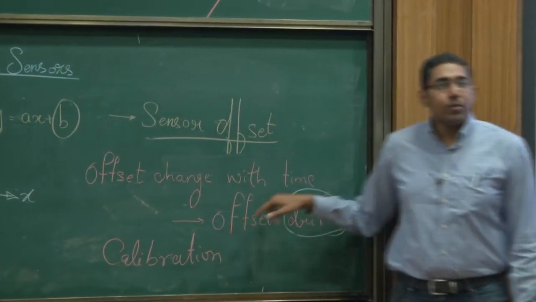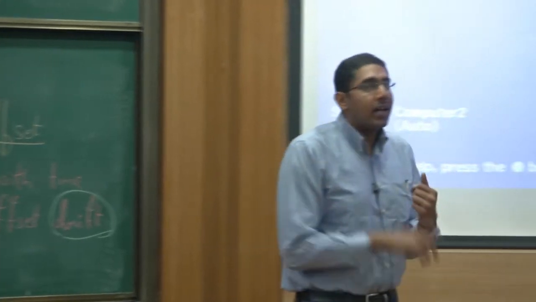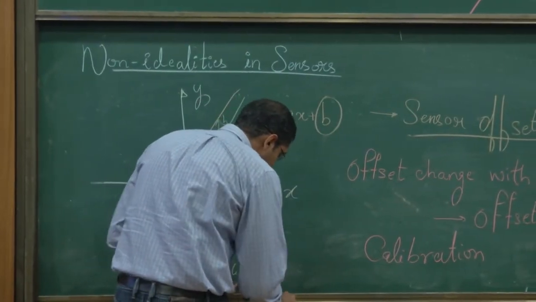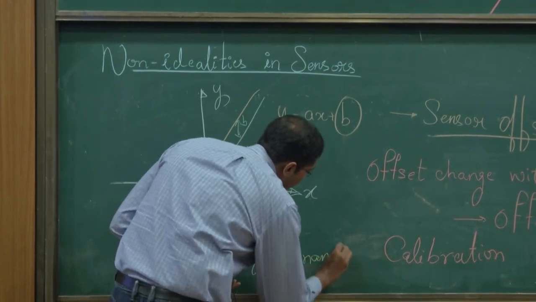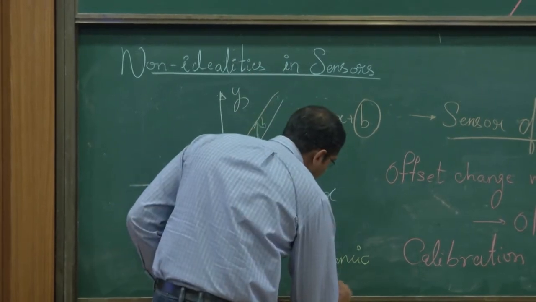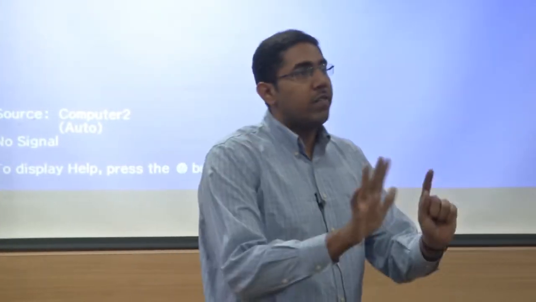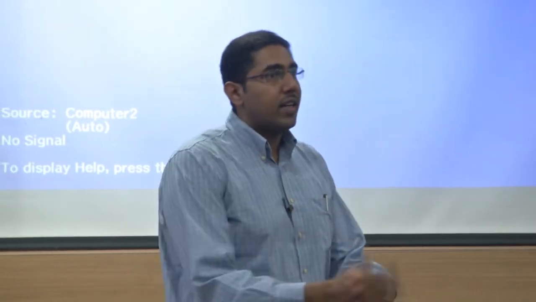So you basically do dynamic offset correction, or dynamic calibration. You keep on measuring, don't give any input to the sensor, measure the offset, save it and correct it for some time.